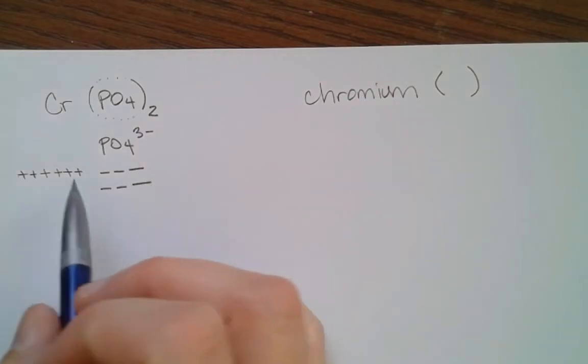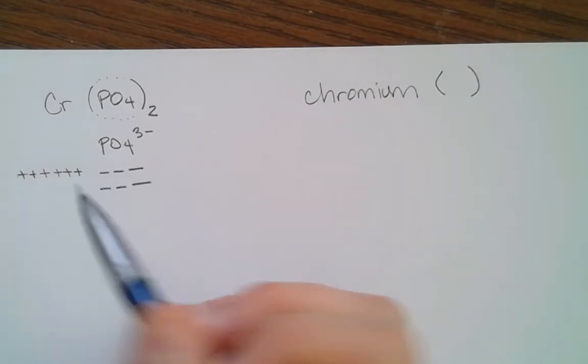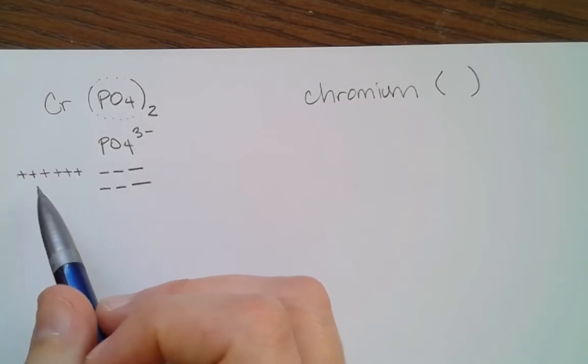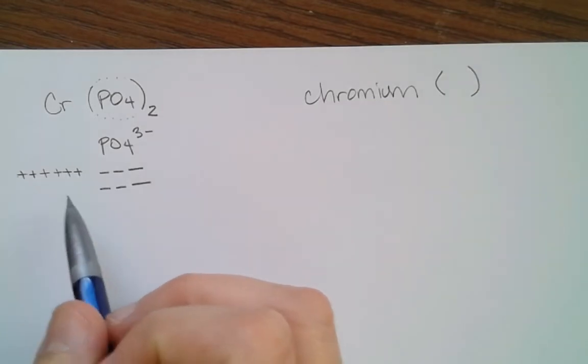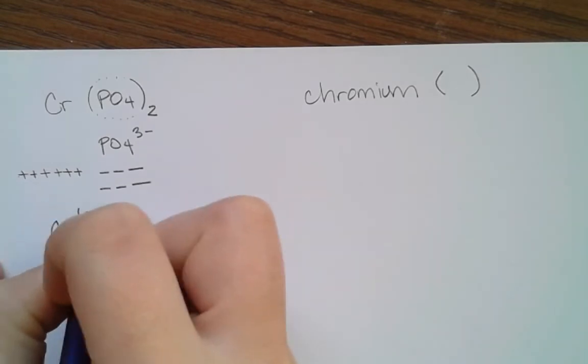The sea of transition metals is weird because you can have things like a chromium with a charge of plus 6. They're really not attached to their electrons. So we figured out that chromium has a charge of 6 plus.